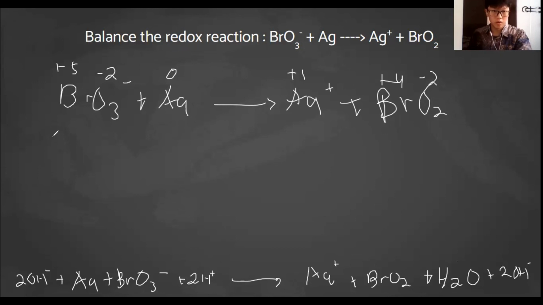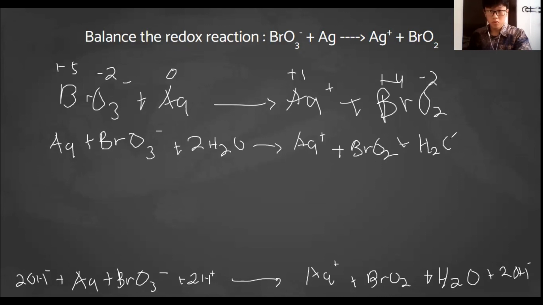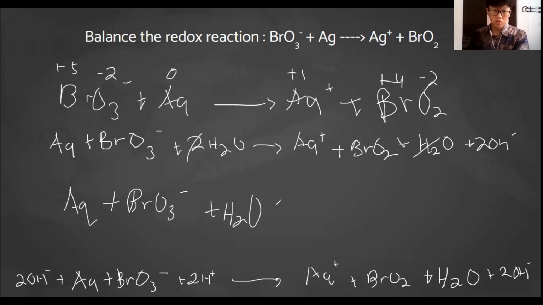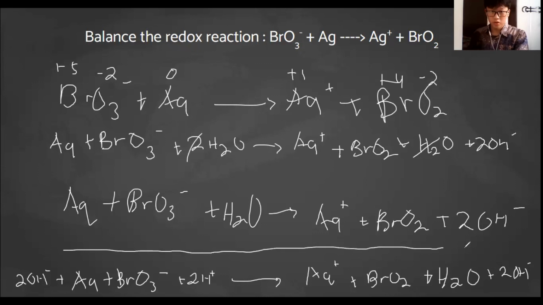So I'll write it up here. Since there are 2 hydrogen and 2 hydroxide, this will form 2 H2O. Now the last step is to remove as much H2O as possible from both sides. Here there's 1 and here there's 2, so we can cancel here. This will leave 1 H2O. So here will be the final result.